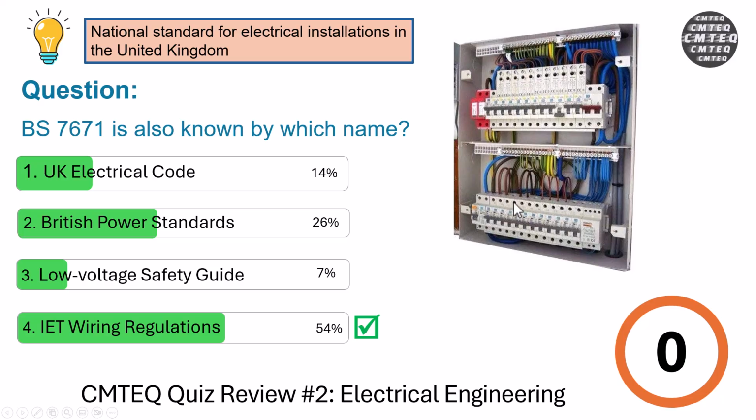and legal compliance. The book covers a wide range of topics, including wiring methods, protective devices, earthing arrangements, inspection and testing, what's supposed to be tested and how it must be tested, and special locations such as bathrooms and hazardous areas.